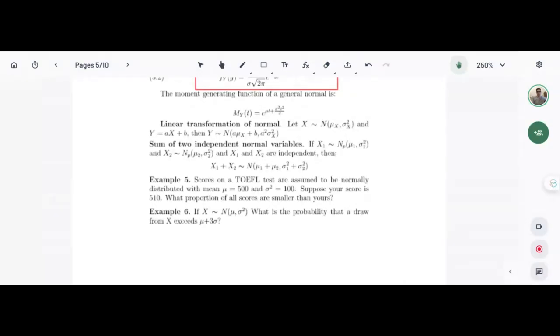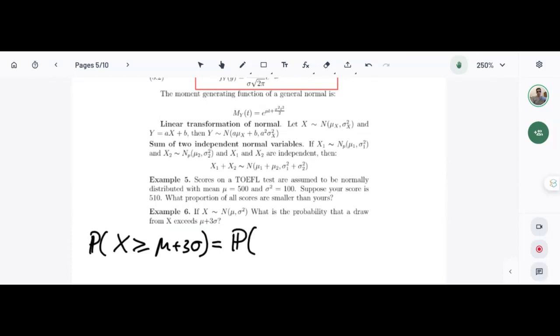Now, example 6: you have to find the probability that a draw exceeds 3 standard deviations. That is obviously going to be approximately 0. It's easy. Suppose you are interested in the probability that random variable X exceeds mu plus 3 sigma. You can standardize X by applying this Z transformation.